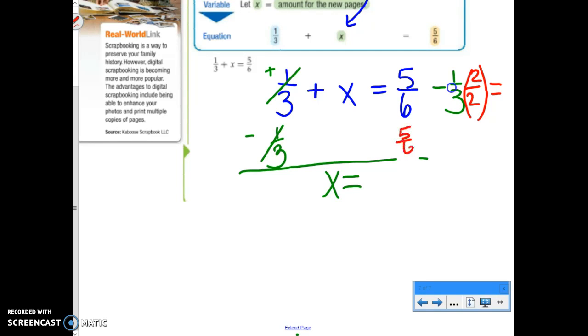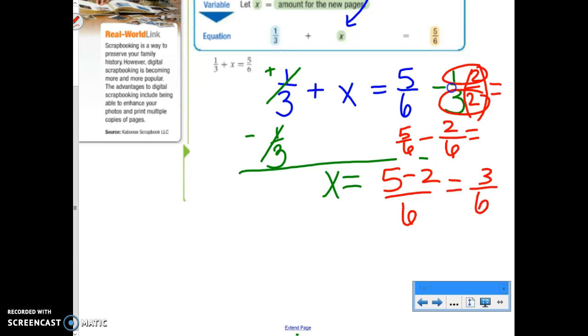So I really get 5/6 minus 1 times 2 gives me 2 all over 3 times 2 gives me 6. And I know that 5 minus 2 all over 6 is the same thing as 3/6. I know that 3/6 can be reduced to 1/2. So X is going to equal 1/2.